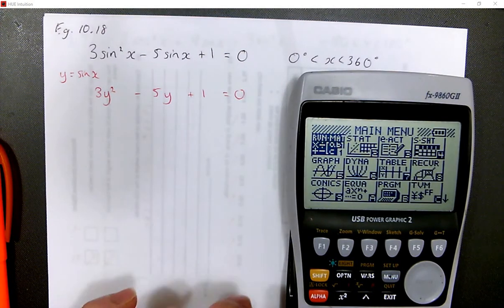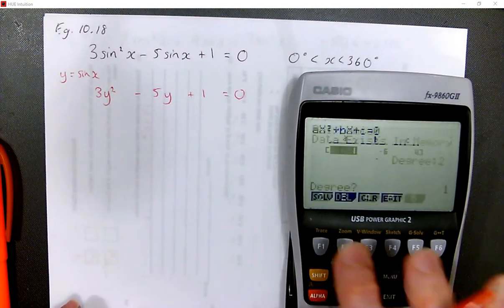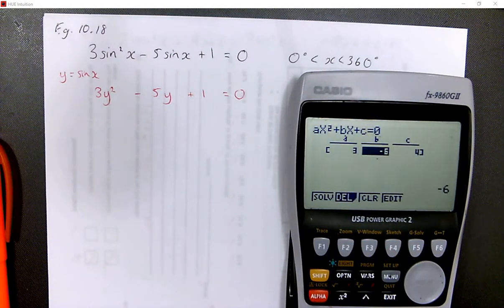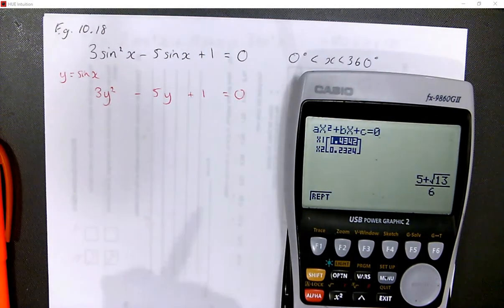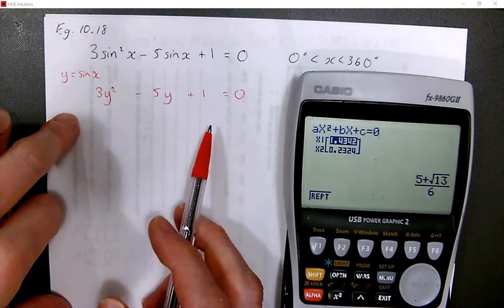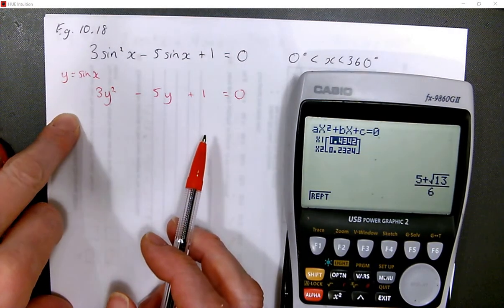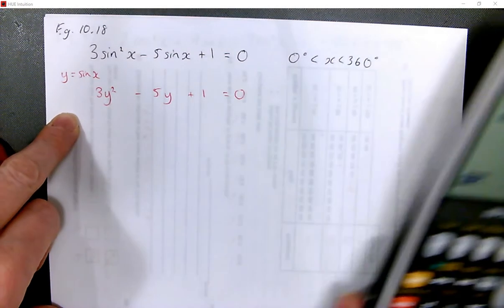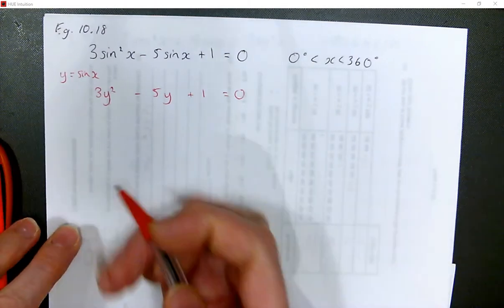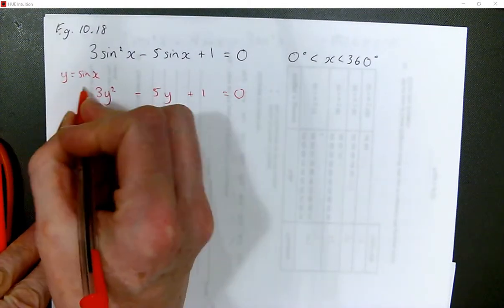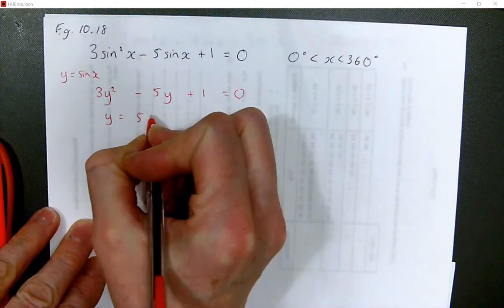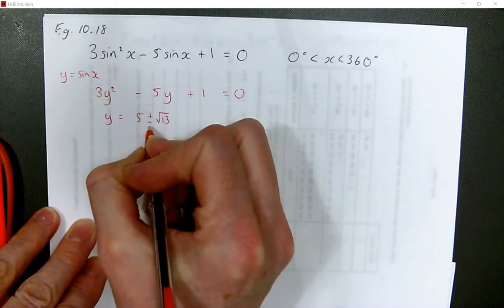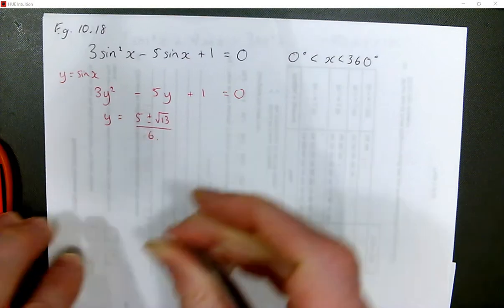Okay, so we have a polynomial degree 2 with coefficients 3, -5 and 1. Okay, it's not very pretty, so for that one, rather than factorising, you would have had to complete the square or use the formula. Okay, so if you're using this substitution, we end up with y is 5 plus or minus root 13 over 6.